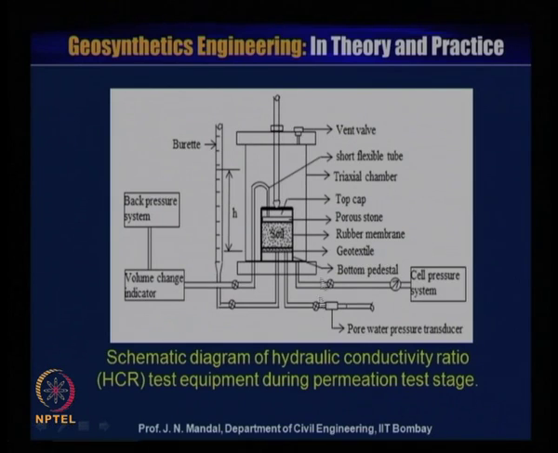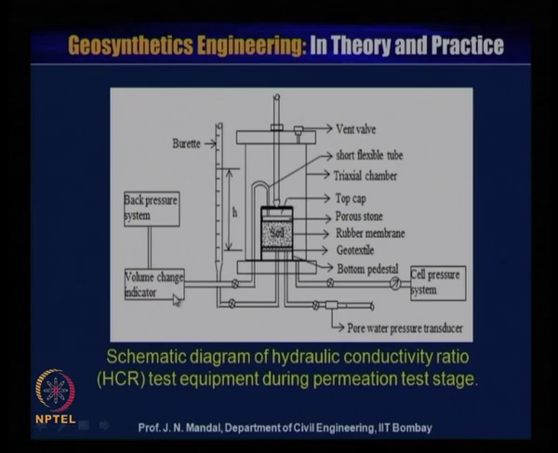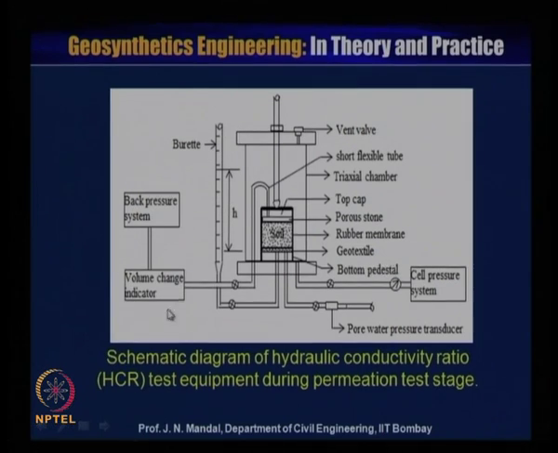a schematic diagram of hydraulic conductivity ratio test equipment during the permeation test stage. Here, this is the soil sample, this geotextile material is here, this is the bottom pedestal, and this is the rubber membrane, and porous stone is on the top, and then the top is the top cap. You can also run the back pressure system, so you have the volume change indicator, and you can measure volume change also.